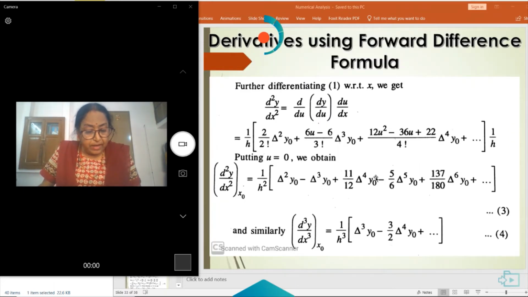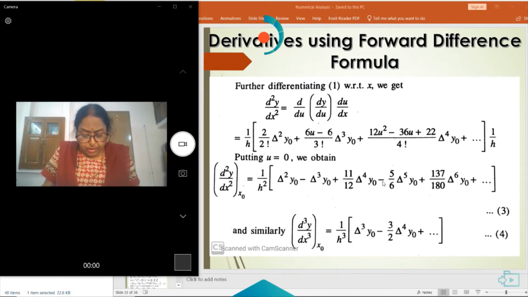For further differentiation, differentiate equation 1 with respect to x again, and that can be written as d by du within bracket dy by du into du by dx. We have calculated dy by du earlier, and from that we get d square y by dx square is equal to 1 by h square, delta square y0 plus further terms.